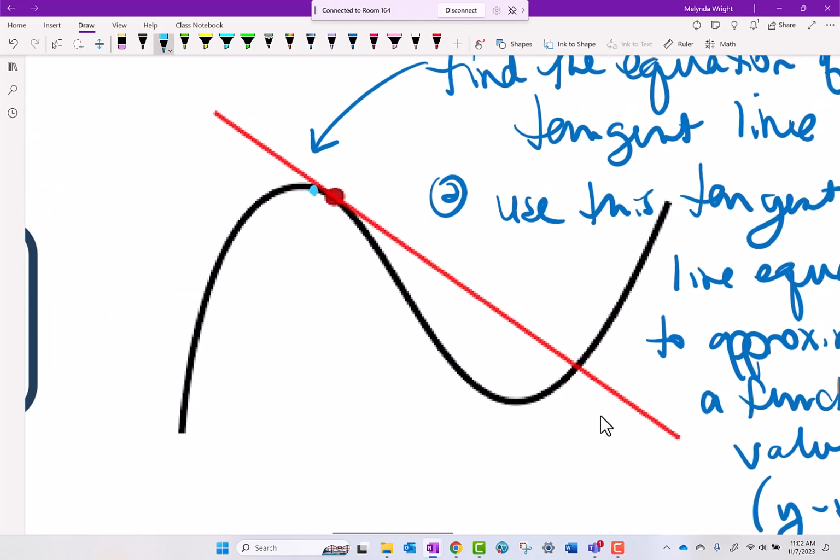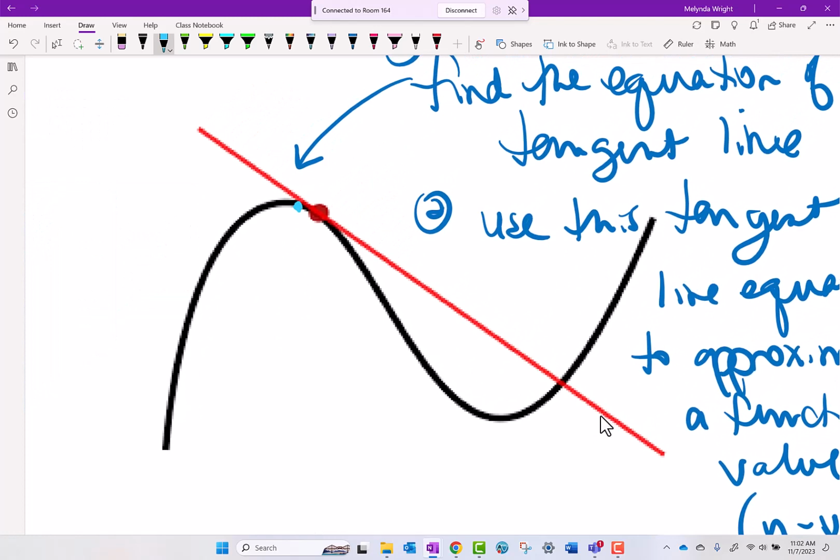According to this technique, I would get the y value from the tangent line and use it to approximate the y value on the function. See how close those are? They're very close. It's a pretty good approximation.